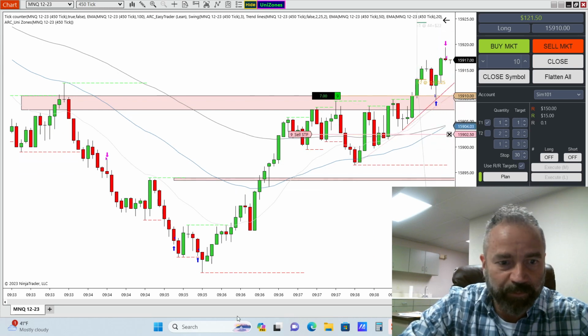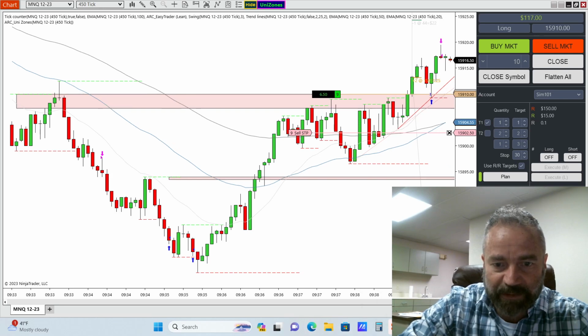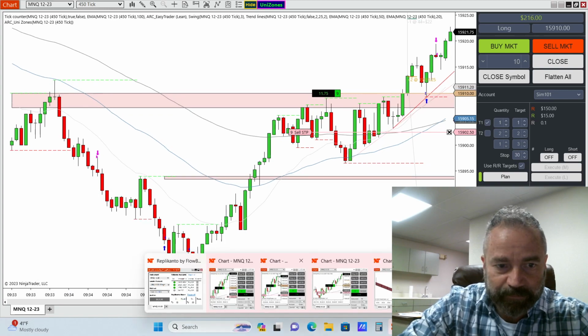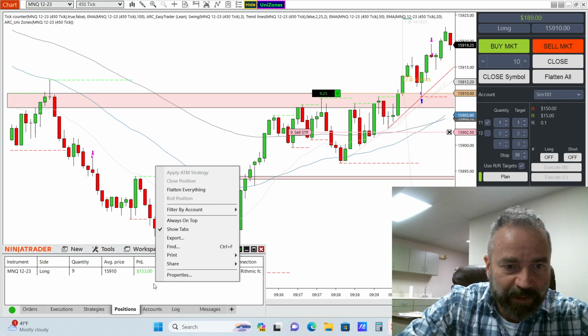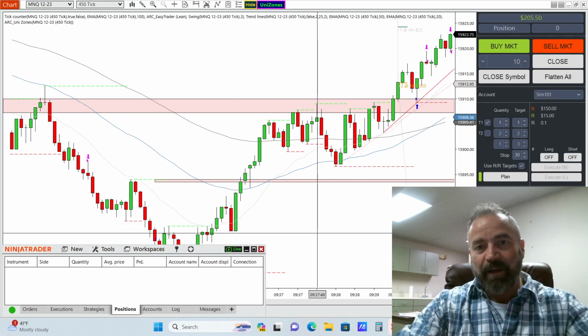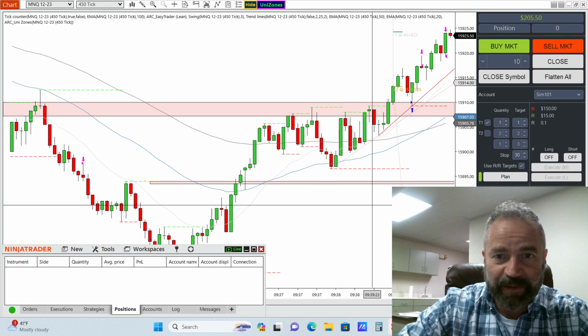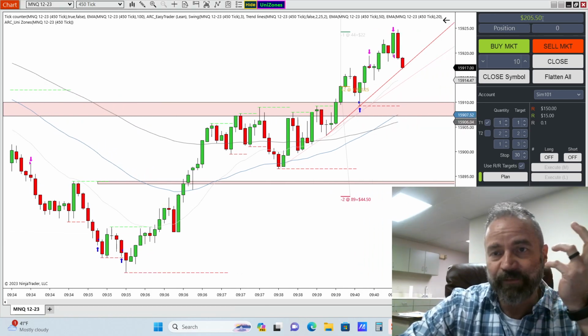I don't know what in the world's going on here. I got to get out of this. This is why I do not like trading on this. Get out, flatten this. Order filled. Okay. That was a happy mistake there, but I got into that trade 1-to-1, $205 profit.